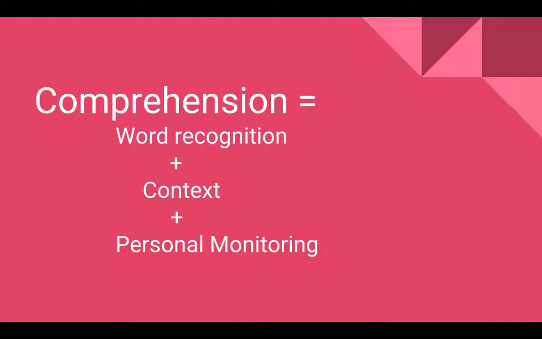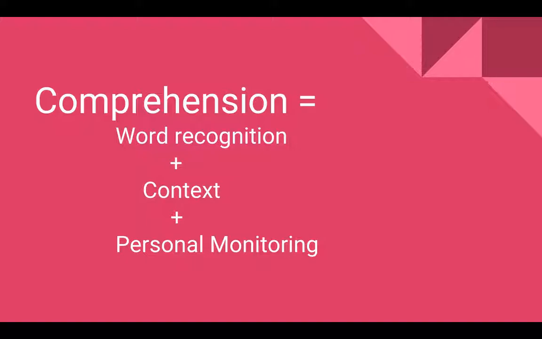So really what we want to think about then is that comprehension is reliant on three things, which would be word recognition. So this is why, especially early on, having reading inventories or listening helps students become familiar with words.